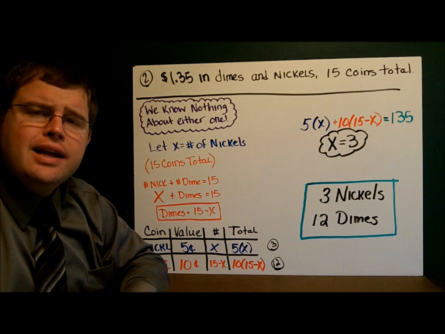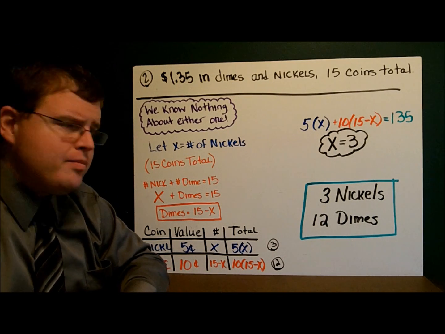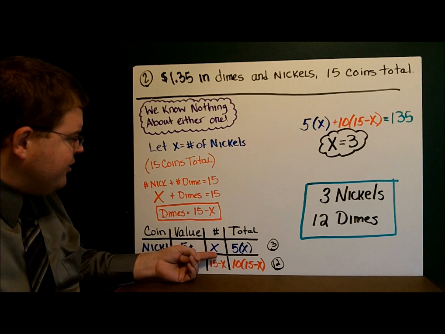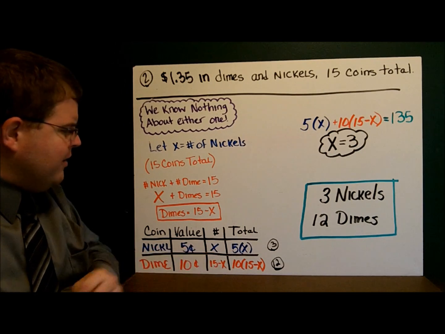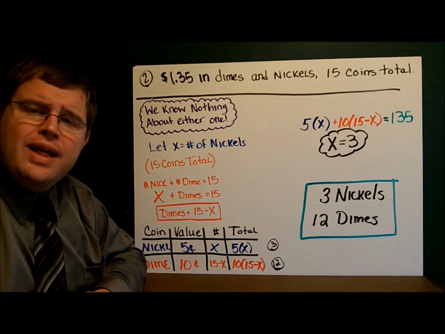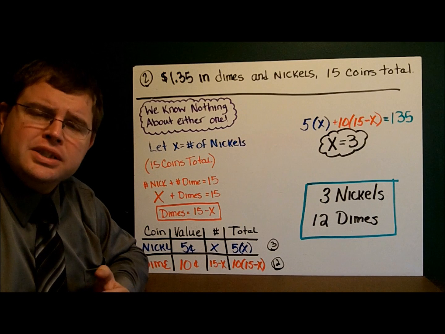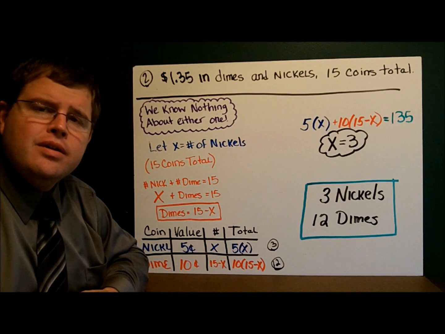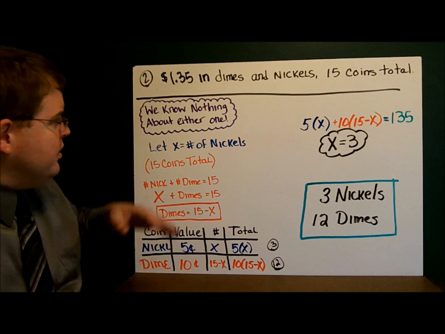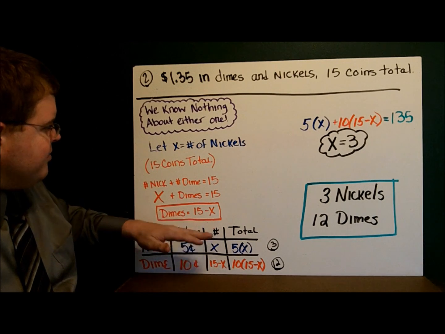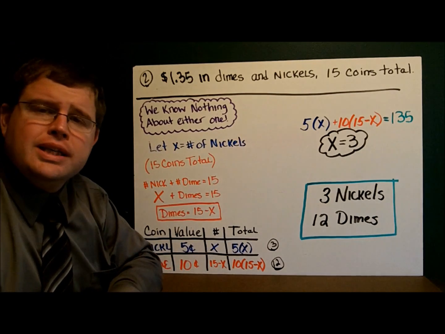Solve the equation and you get x equals 3. That means we have 3 nickels and 12 dimes. And so that solves the mystery of how many nickels and how many dimes we have. We simply set up our table, organize the information, and then solve the resulting equation.